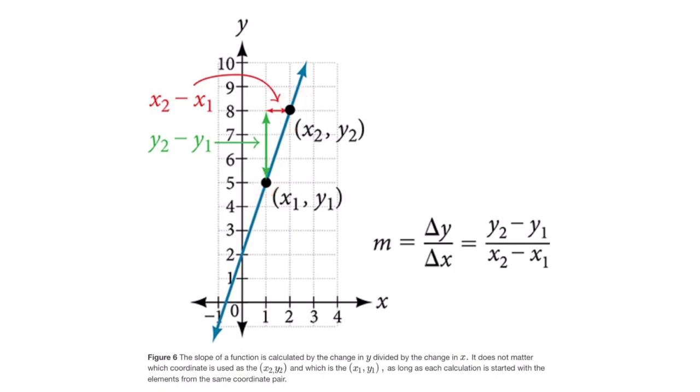So the slope is going to be our change in y, y2 minus y1, over our change in x, which is x2 minus x1, right? So the change in y over the change in x. Notice for this image, as we trace it from the left to the right, it's going up, so it should have a positive slope. Okay, let's try to work an example.